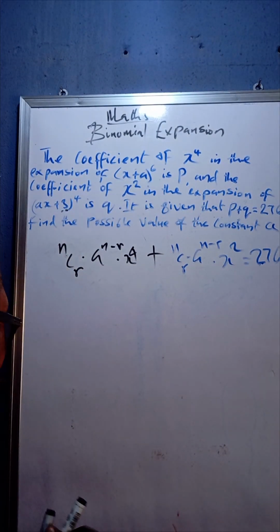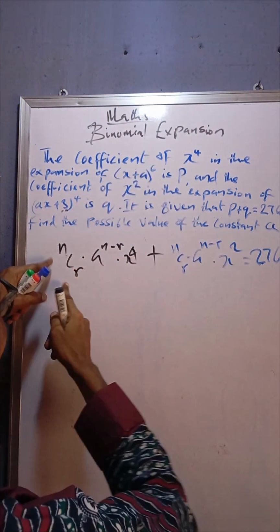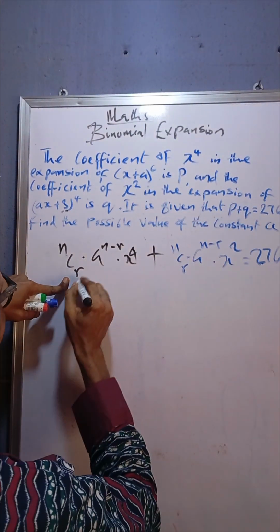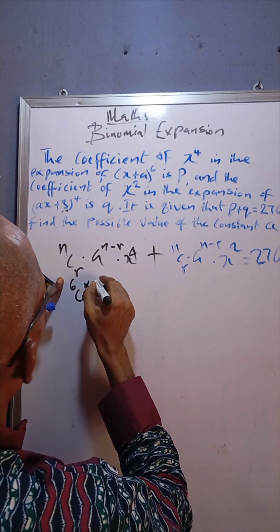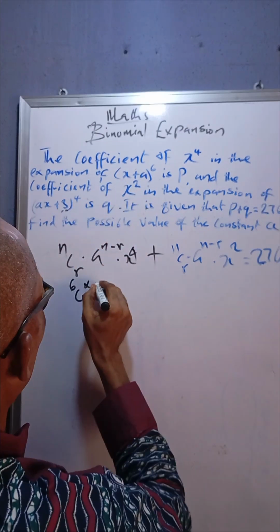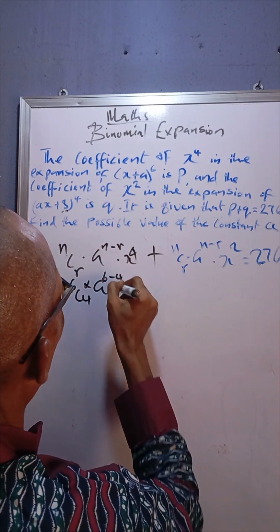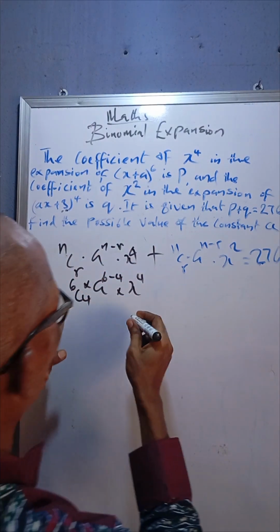Okay, so we move ahead. Our n here is 6 for the first one, while our r is 4. So we say 6 combination 4 times a, which is just a, raised to 6 minus 4, times x raised to the power 4. This is for the first one.